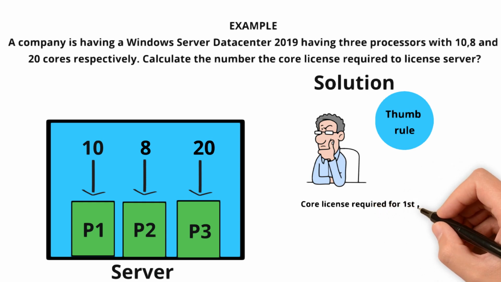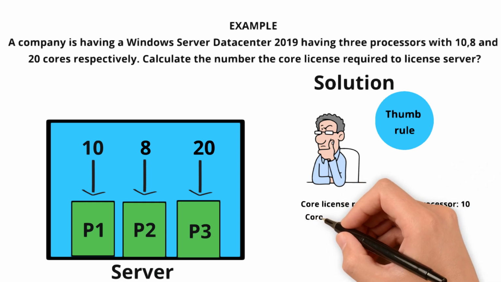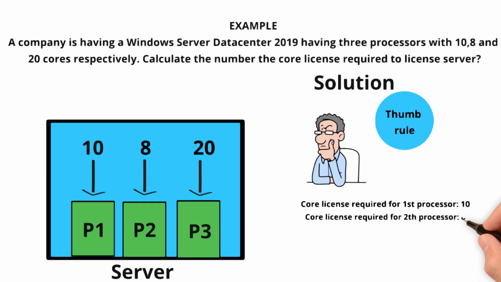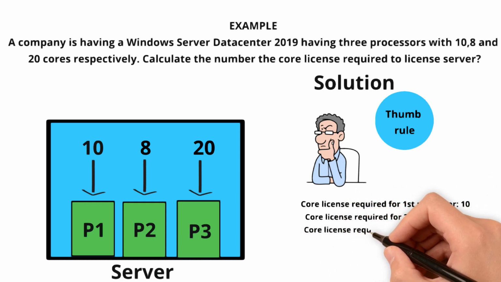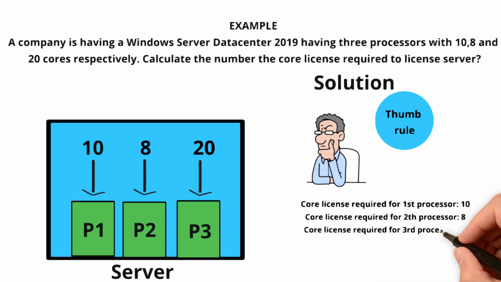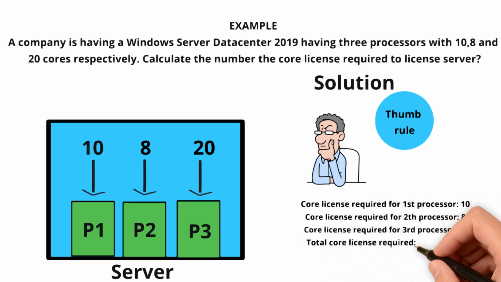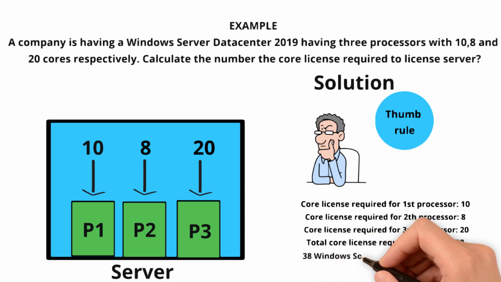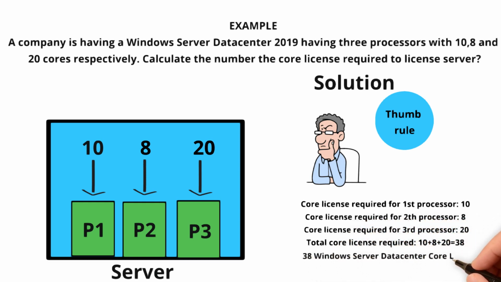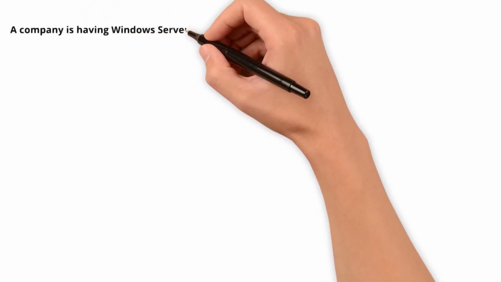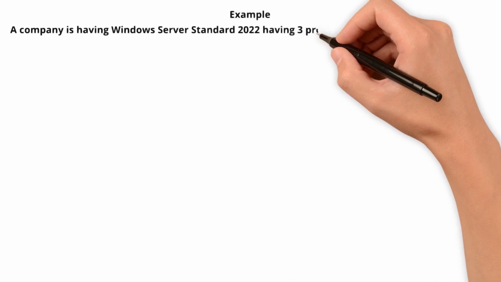In this case, we are meeting both thumb rules, so we would require 10 core licenses for processor 1, 8 core licenses for P2, and 20 core licenses for P3. A total of 10 plus 8 plus 20, which is 38 core licenses of Windows Server Datacenter 2019.